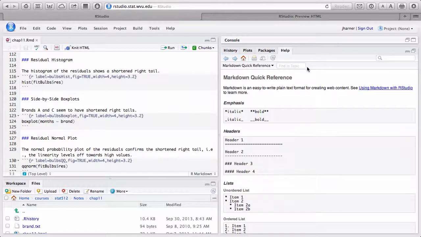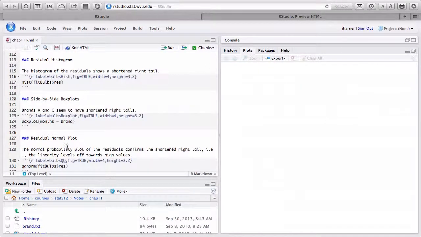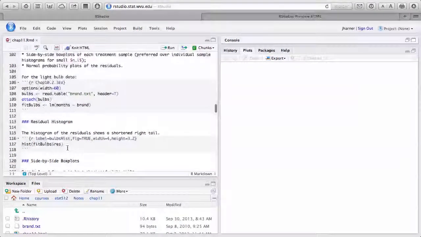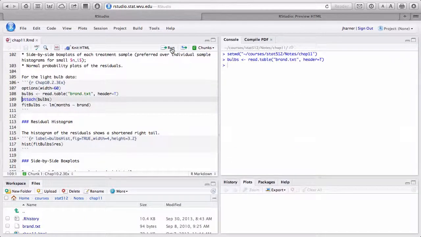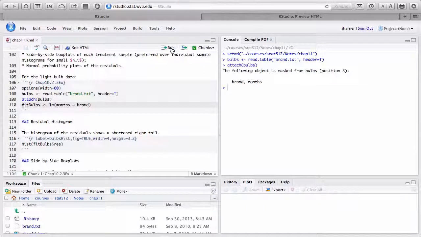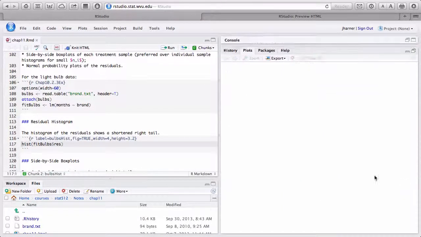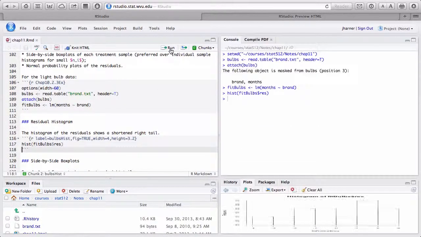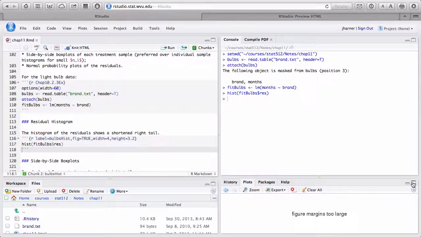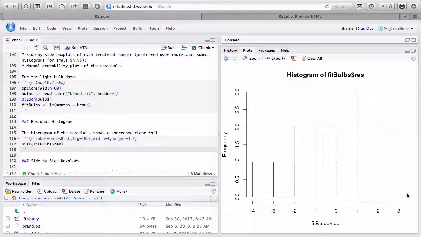So if I go back and look at some of this, it actually will show up. Whenever I executed it, the console kicks in there and then it messes this up.